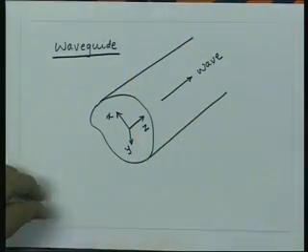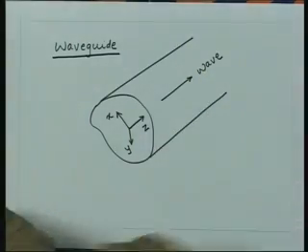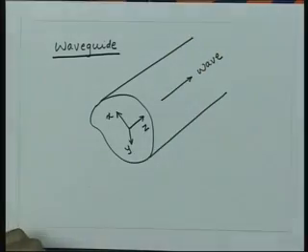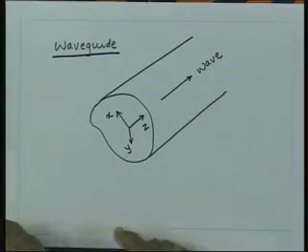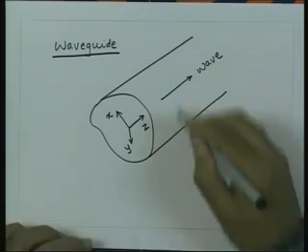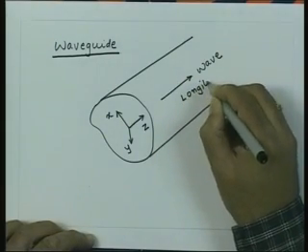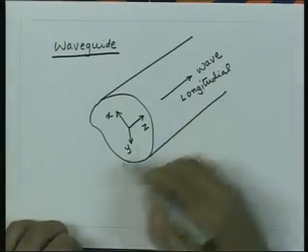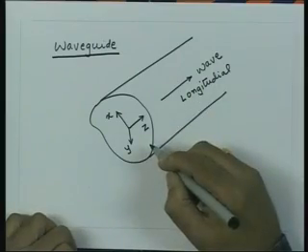Now, since this direction is a special direction, I call it the longitudinal direction, because this is the direction in which the wave is going to propagate, and a direction perpendicular to this direction we call the transverse direction. So, any field component in this direction we call the longitudinal field.